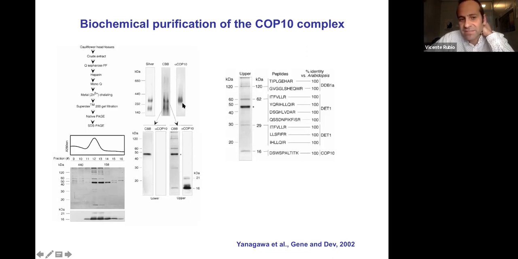And the upper fraction, the upper band, contained COP10, but also different specific bands, that she could slice and send for mass spectrometry. And she could identify the components in that complex containing DDB1A and DET1, also COP10. Actually, DET1 was kind of truncated, so she could find different bands for DET1, okay?